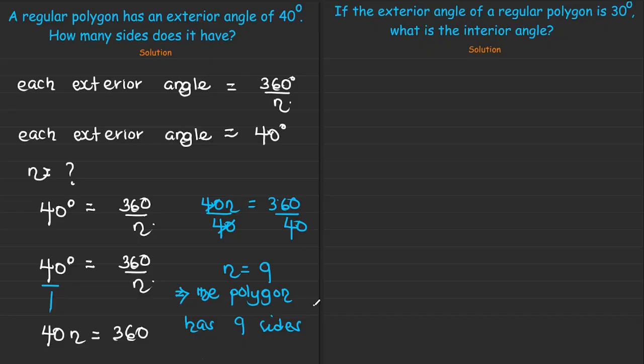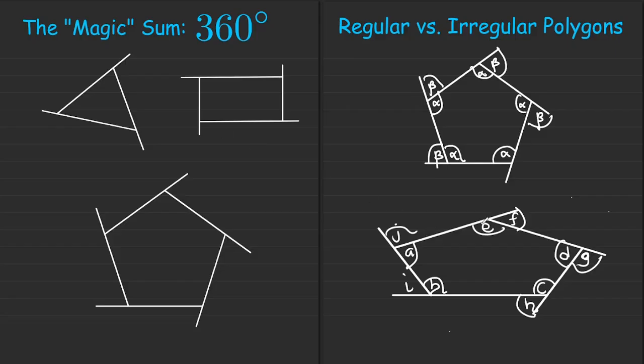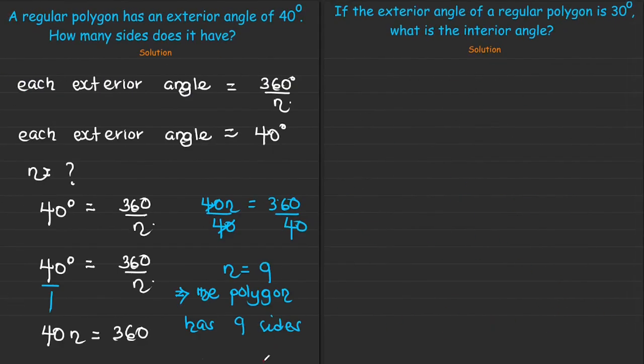So remember, from these figures, if you look at the interior and the exterior angles, they form a straight line. This straight line makes them form what we call linear pairs, and linear pairs are adjacent angles that are supplementary. Their sum equals 180 degrees, and that is what we want to apply right here.